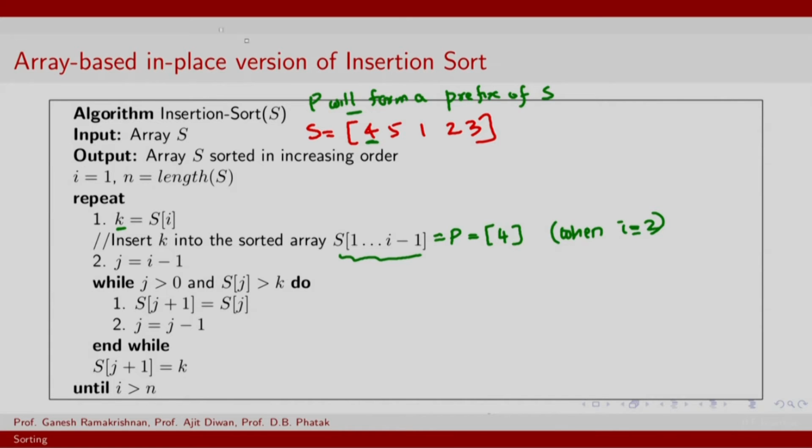So for the time being, we focus on the key at 4, at 5. So P equals 4 and K equals 5. This is again when I equals 2.